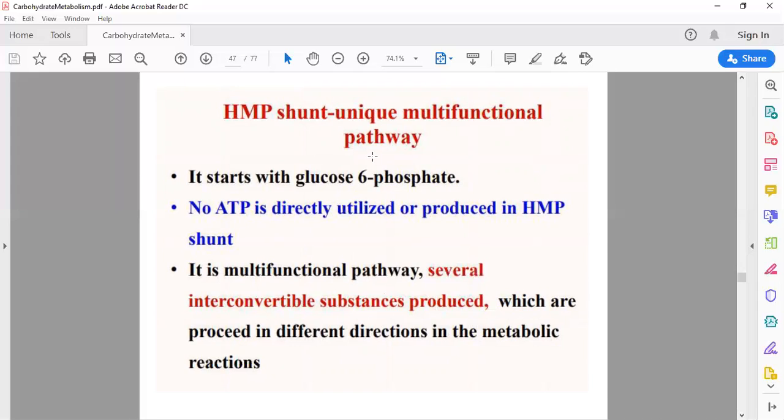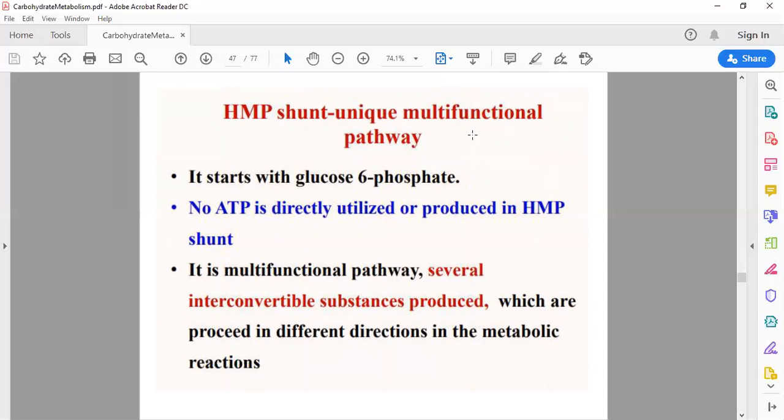If it is asked why it is unique, the major important point is that ATP is not directly utilized or produced, and several other intermediates are produced which proceed in different metabolic reactions, and therefore it is called a unique multifunctional pathway.